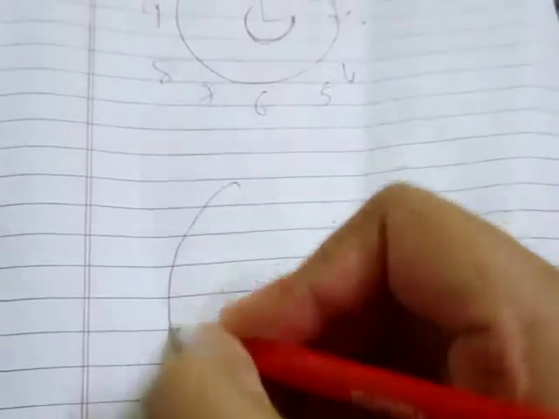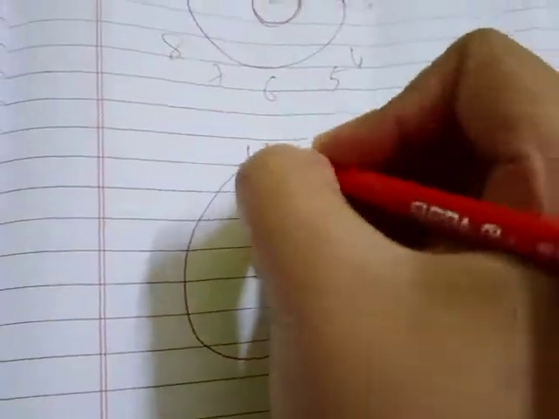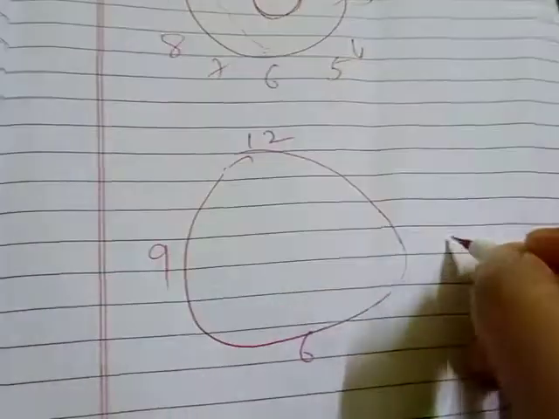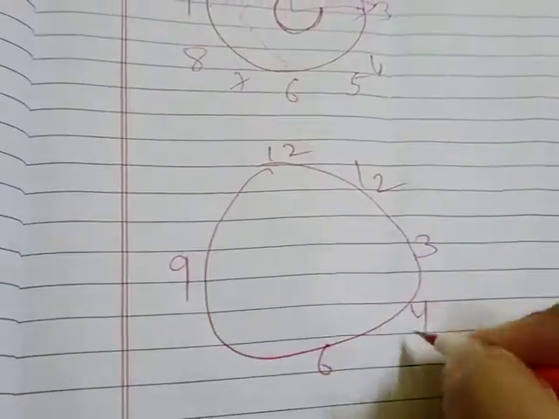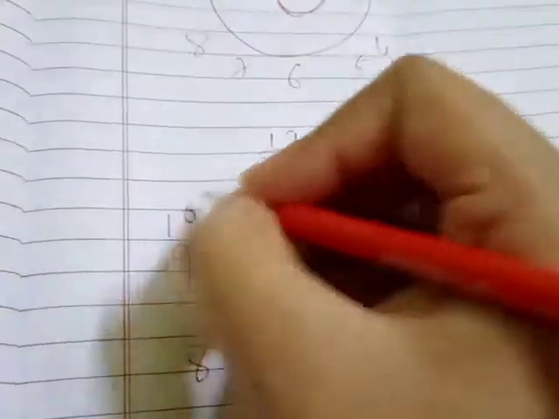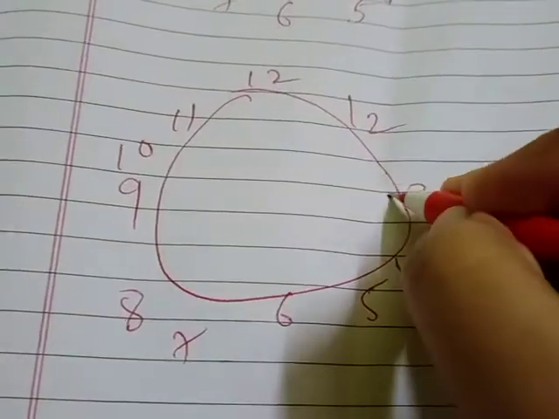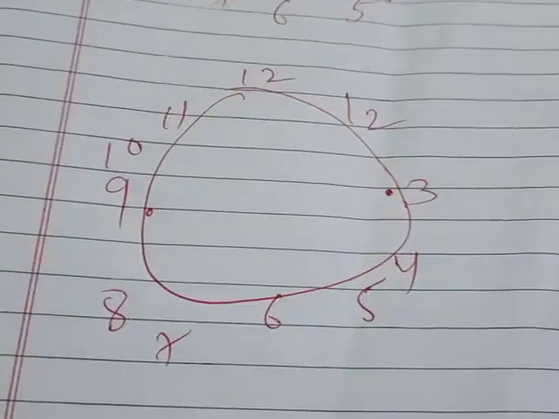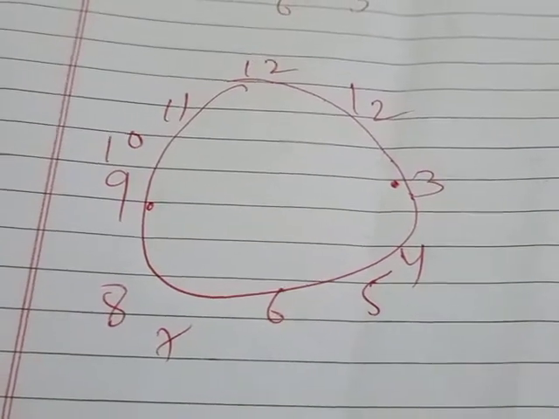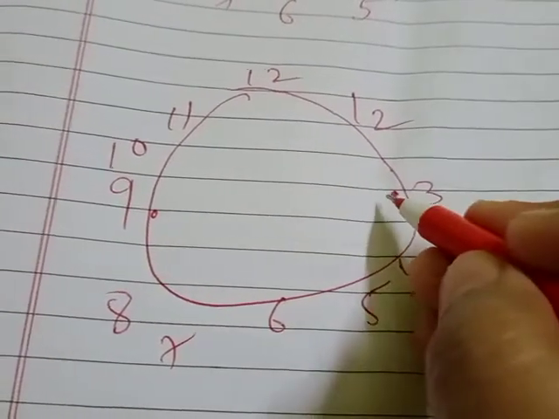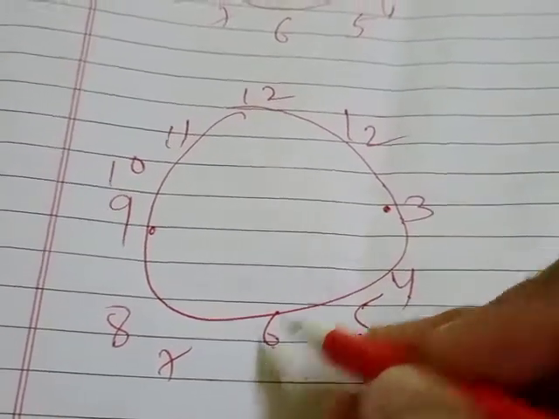Suppose this is a clock. In this clock, it is written that when you go from 3 to 9, what fraction it will cover. Keep in mind, we have 3 units each everywhere.